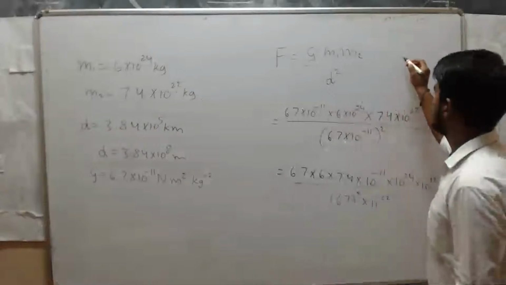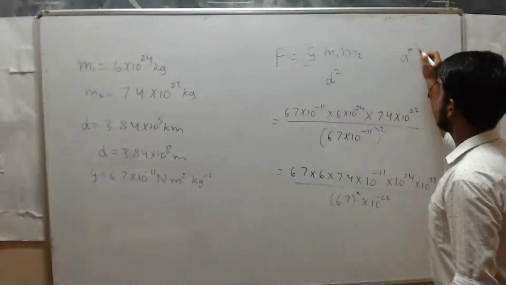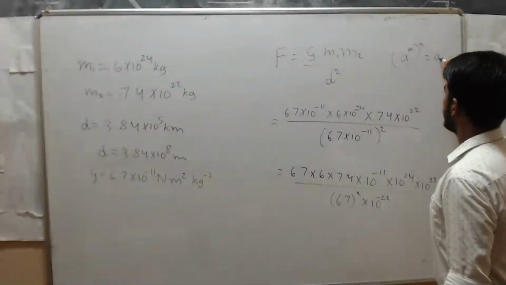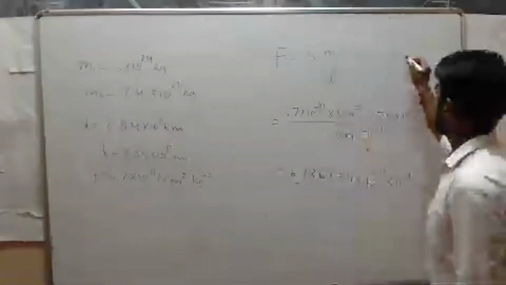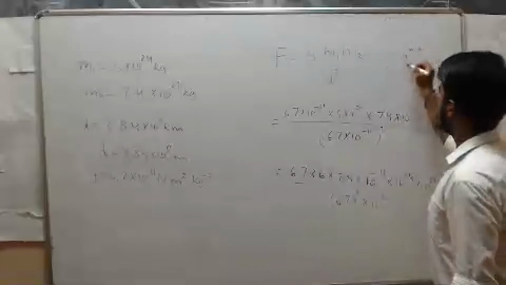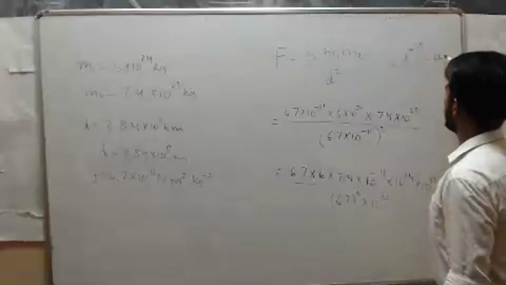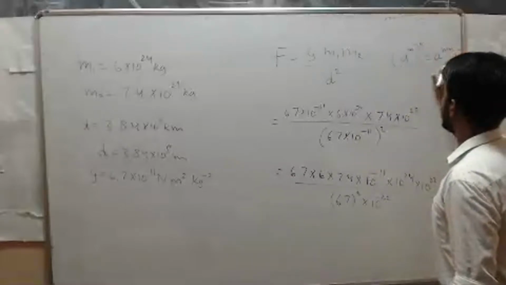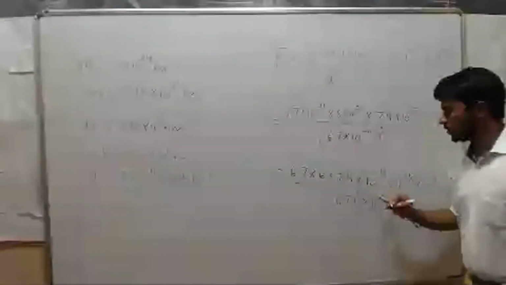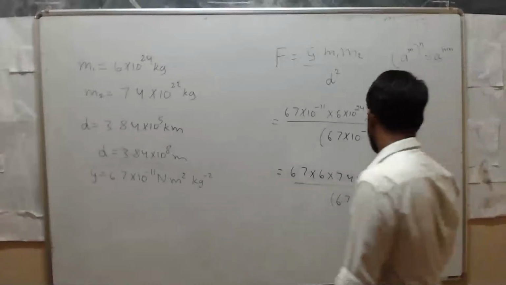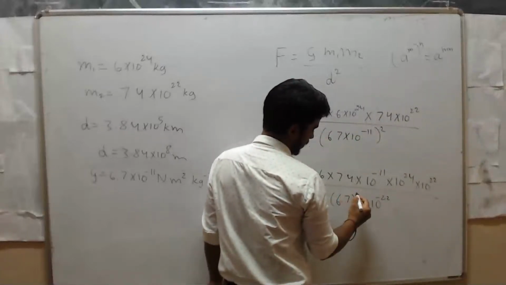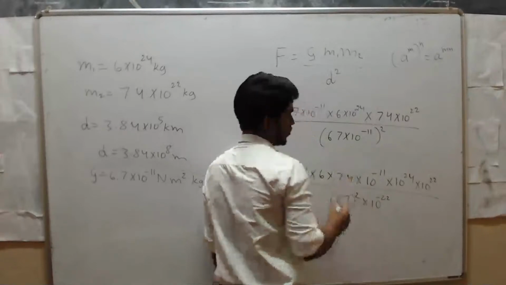You know this formula: a to the power m to the power n is equals to a to the power m into n. So you have to multiply 11 into 2, that is 22, and here you have to take the square of 6.7.